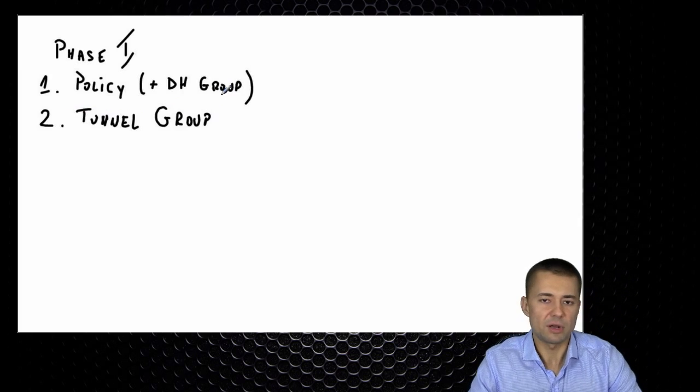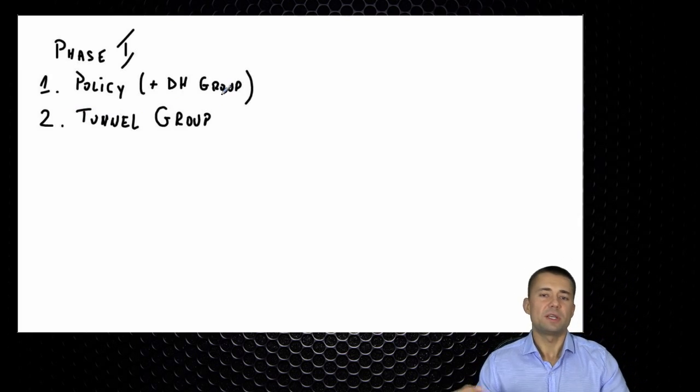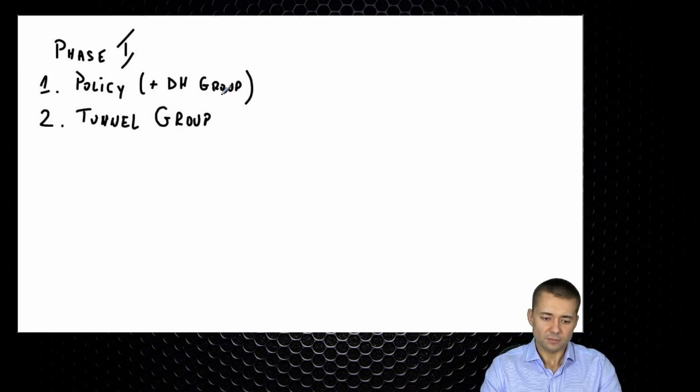So a tunnel group on the ASA is used to terminate incoming sessions. It is going to be selected based on certain criteria. You can have multiple tunnel groups defined for multiple sessions, and this tunnel group is going to define settings shared for all connections terminating on this particular tunnel group.